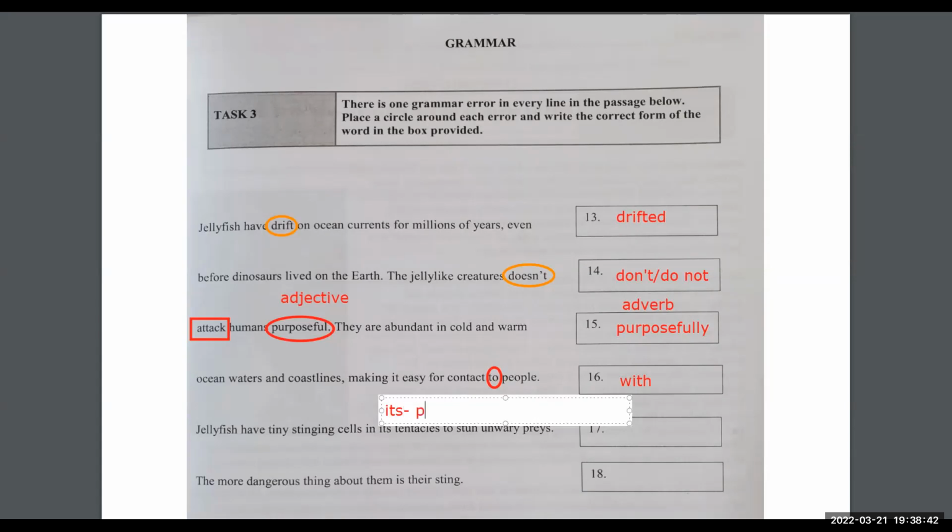Its means possessive, but it is also a singular possessive adjective. So we know that jellyfish here is being thought of as plural because we saw jellyfish have. And yes, the plural of jellyfish can be jellyfish.